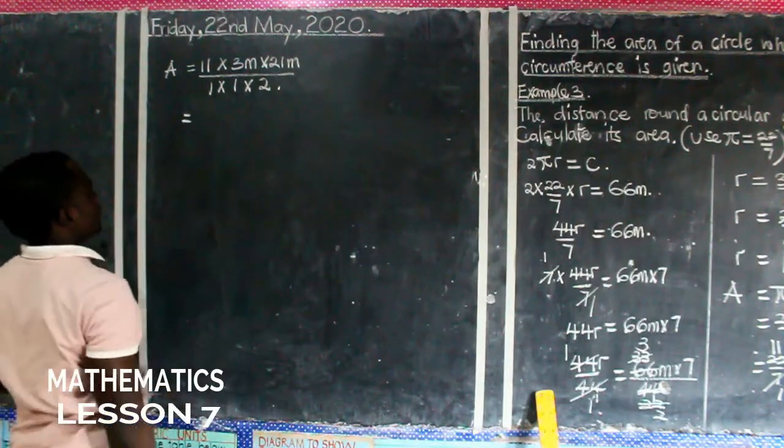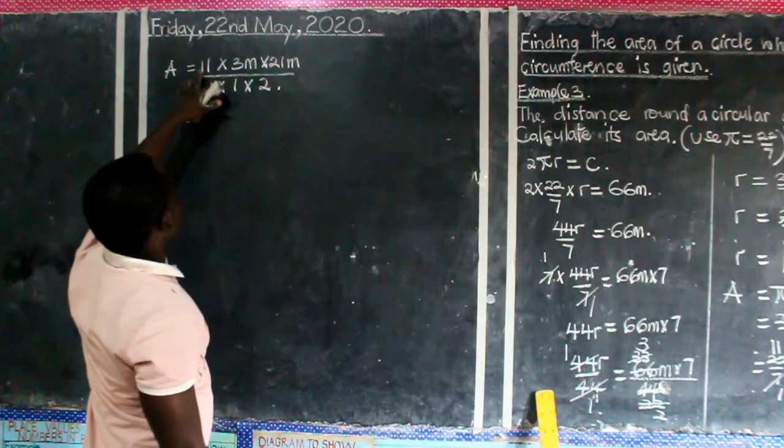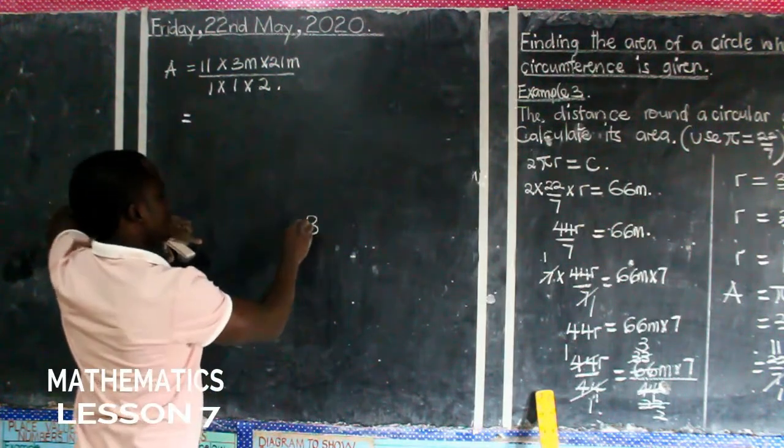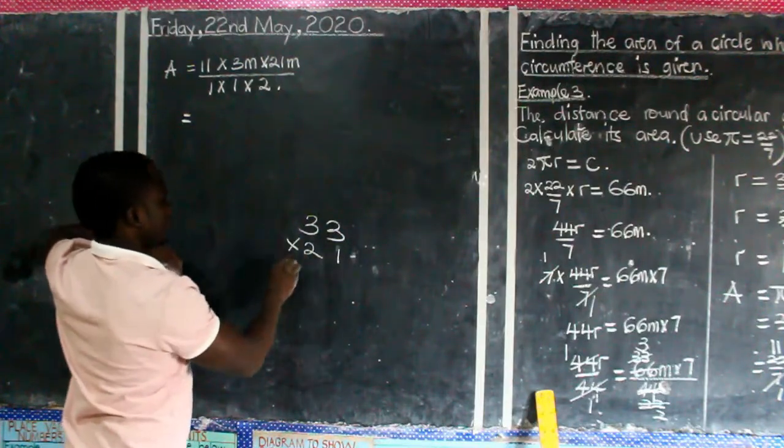When we multiply this, what do you get? 11 times 3, we shall have 33. 33 times 21, what do you get?